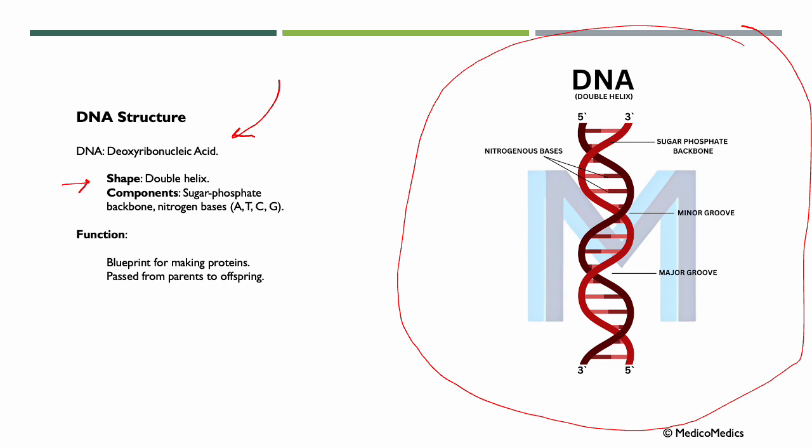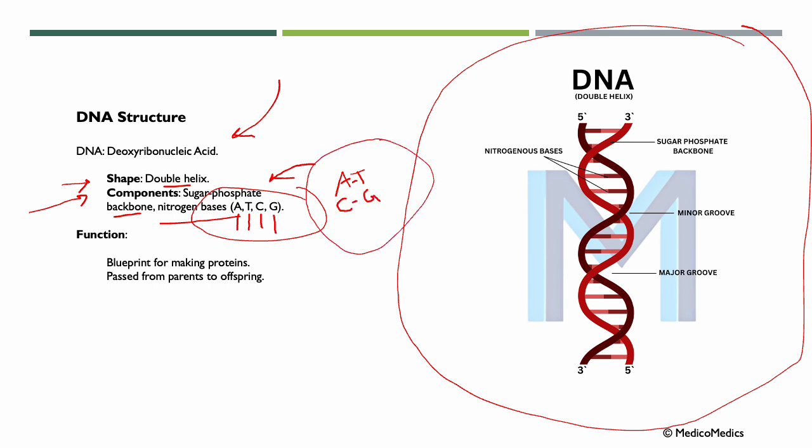The shape is a double helix, and its components include a sugar phosphate backbone and nitrogen bases, A, T, C, and G, where A is adenine, T is thymine, C is cytosine, and G is guanine. And these are paired together. So A is paired with T, and C is paired with guanine.